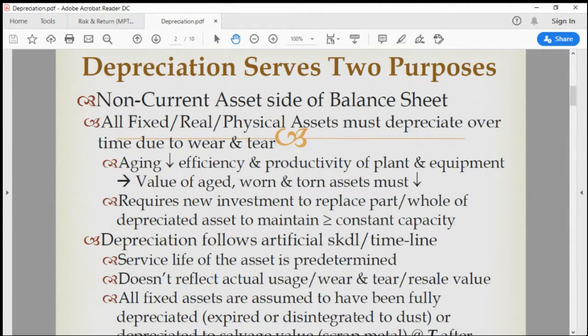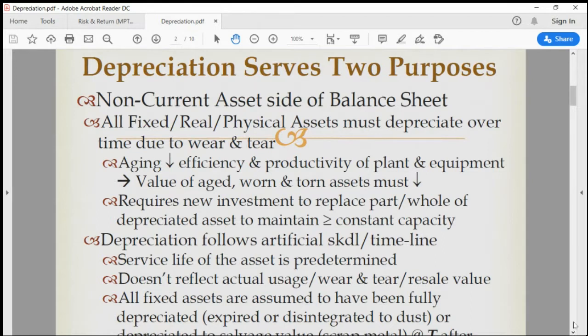So you will have to reflect that decreasing value of your fixed assets. That's why it's called depreciation. But, once again, it's all very artificial.